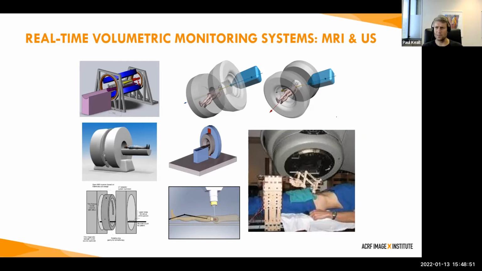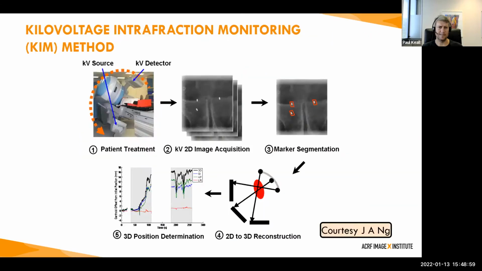David Waddington will give a talk about MRI in radiotherapy, I think, as the final lecture in the course. A program that we have taken from concept to clinical treatments is kilovoltage intrafraction monitoring.